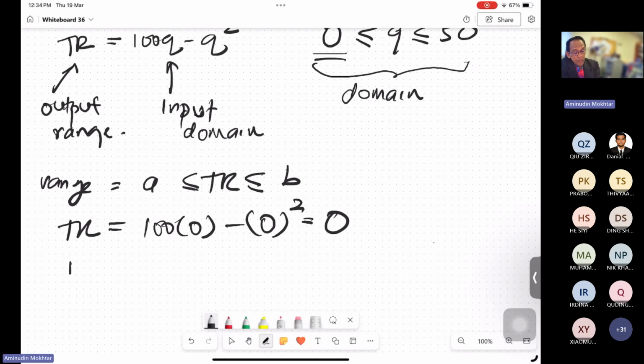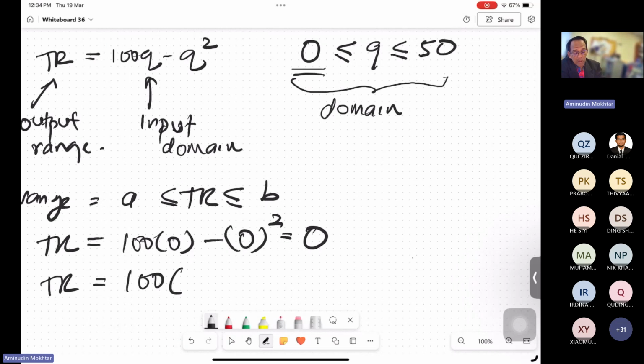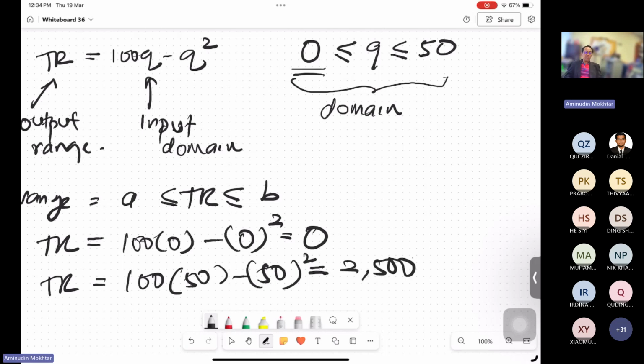Now the next one is the maximum value of TR, subject to the maximum value of Q: 100 times 50 minus 50 squared. The answer is 2,500. 2,500 is the maximum value of total revenue.